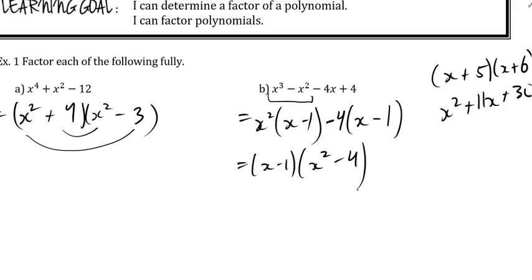And x squared minus 4 is a difference of squares, so one last x plus 2, x minus 2. So heads up for those kinds of questions. That's a lot easier than doing the polynomial division and everything else.